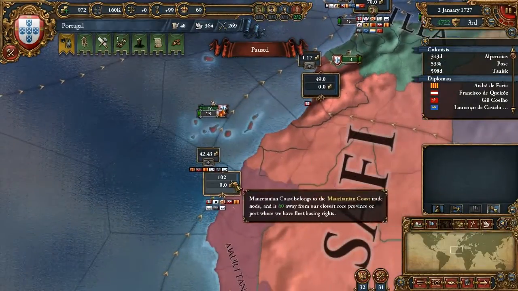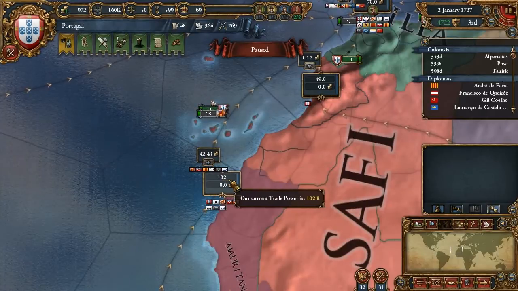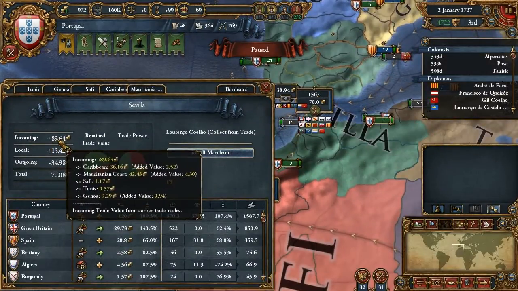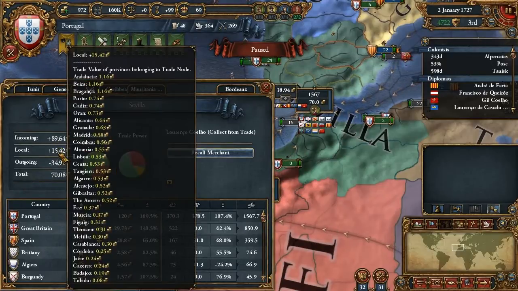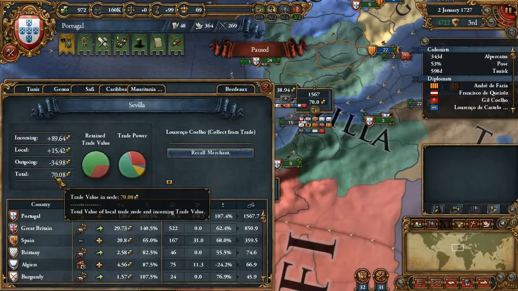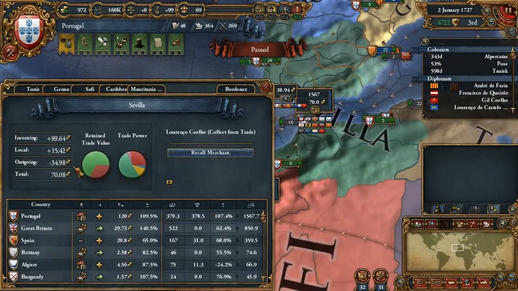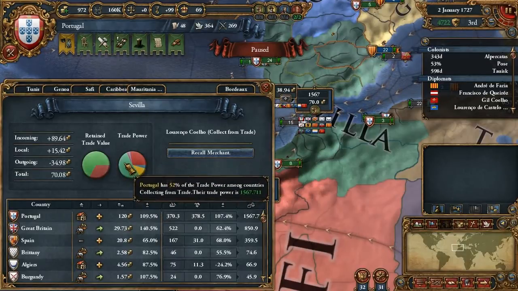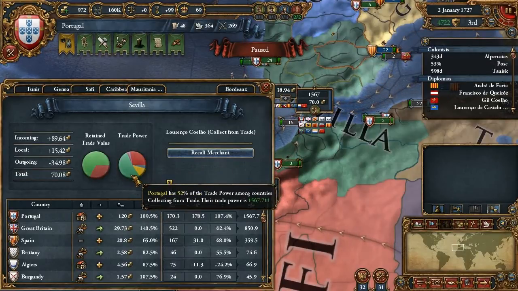And then any trade being pushed along here will also be added on top, which is the incoming plus local. Then some of it will be pushed out and the rest will be collected. That is determined by trade power: what happens with it, and who gets a portion of what.